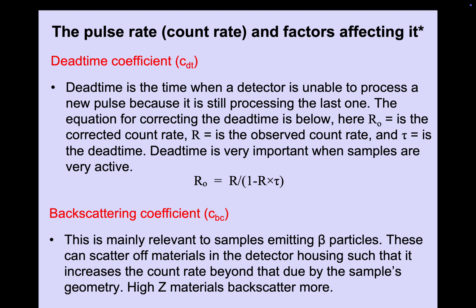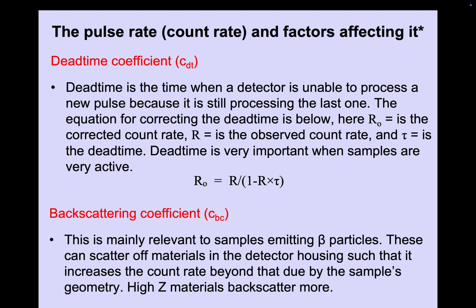Also, the geometry of our detector can increase the amount of backscattering. So particularly if we have our shielding materials quite close into the detector, then we're going to increase the chances of having backscattering events, putting those beta particles into the detector.